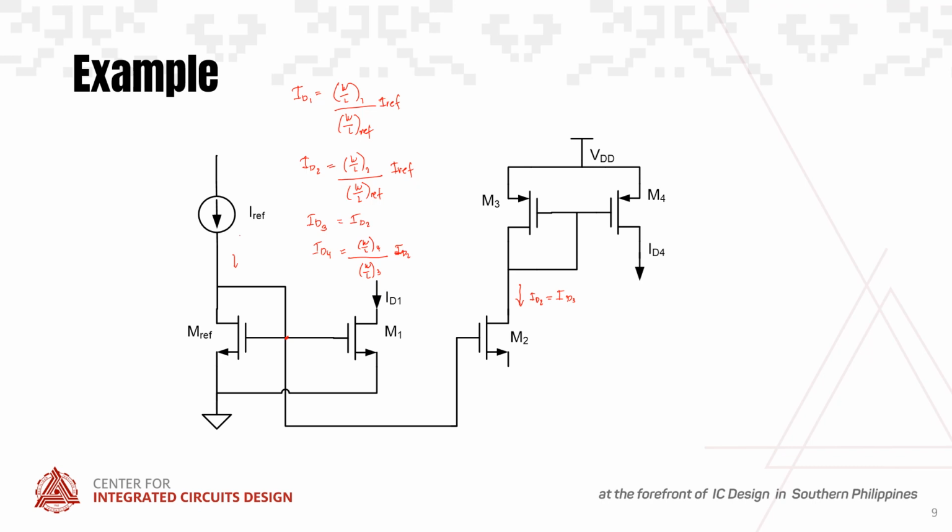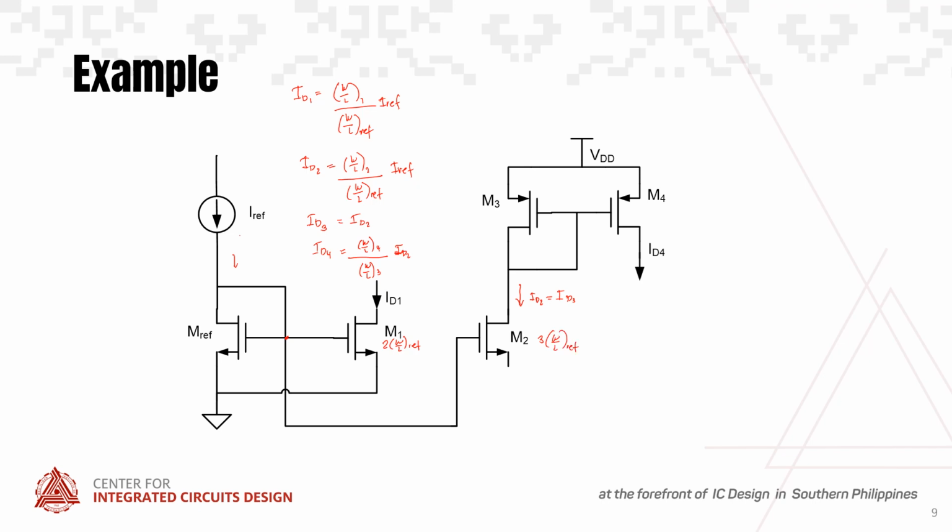First we have to derive what ID1 is, given we put some values in it. So we say that M1 is twice the W/L of the reference MREF, and let's say M2 is 3 times the W/L of the reference.